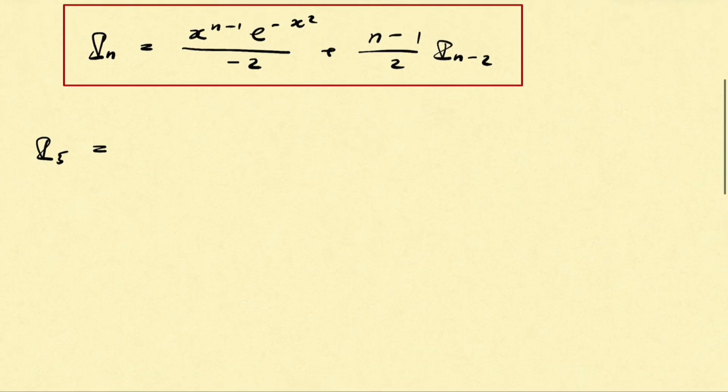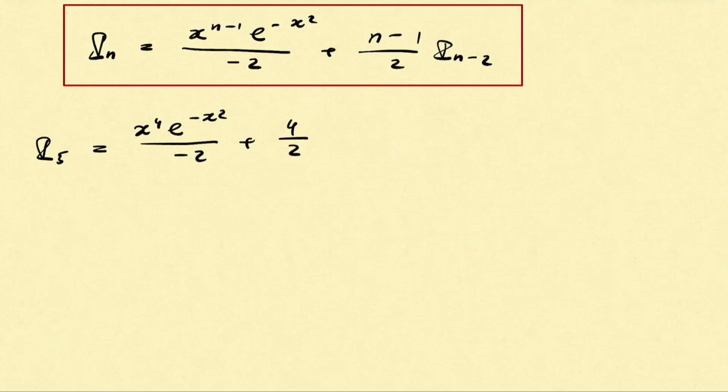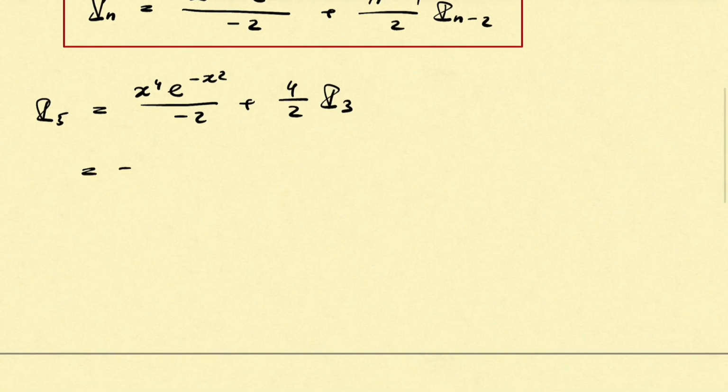Okay, I_5 is x^4 e^(-x²) over -2 plus 4/2 times I_3. It's minus x^4 e^(-x²) over 2 plus 2 times I_3.